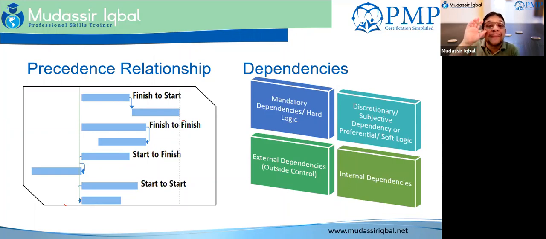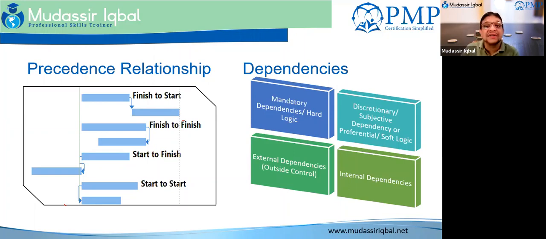You are not bound to use it. For a mandatory dependency, you cannot ask the painter to start painting before your plastering is done and properly dried. Even if your project is 10% late, you have to maintain this dependency. There is no way you can remove it.